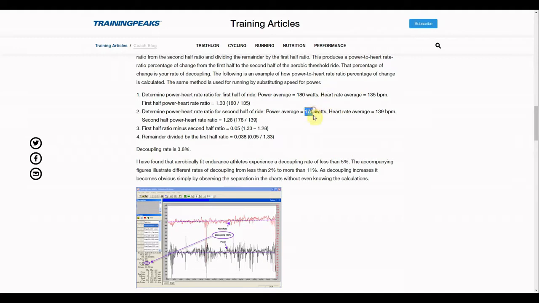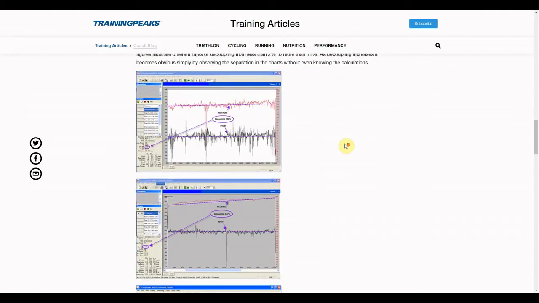Then in the second half, the power stayed more or less constant, 178, but 4 more beats per minute were needed. So the ratio is lower, and the difference is 3.8%. Because it's less than 5%, decoupling didn't occur, and that means that the workout was deemed aerobic.